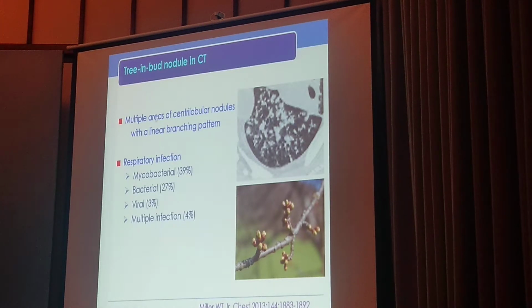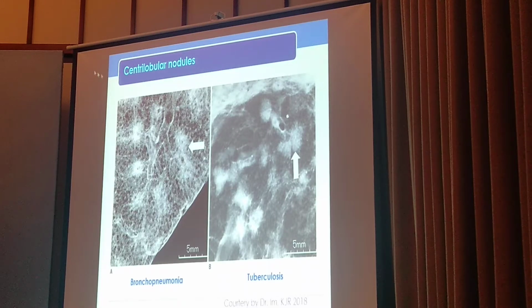How can we differentiate in case of tree-bud nodules on CT? This shows centrilobular nodules in bronchopneumonia, like this nodule, centrilobular nodule, or tree-bud nodule. But the nodule has an ill-defined appearance, not well-defined, and the density is less than the surrounding vessel.